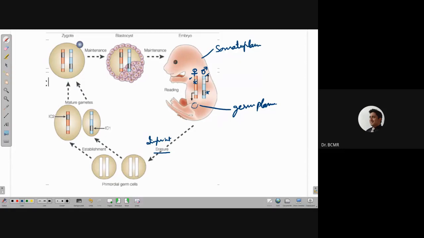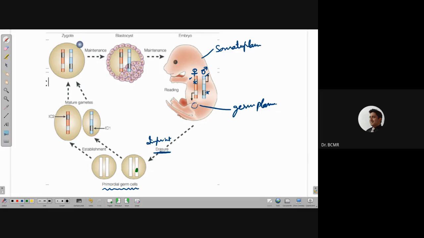So what I mean to say is, in the early embryonic stages, the germplasm is formed from primordial germ cells. So the primordial germ cells first form, which will eventually give rise to gametangial stem cells, and then they will give rise to gametes. Okay. So when the primordial germ cells are forming in the early stages, all the imprints are erased. Say, for example, here you had methylation.